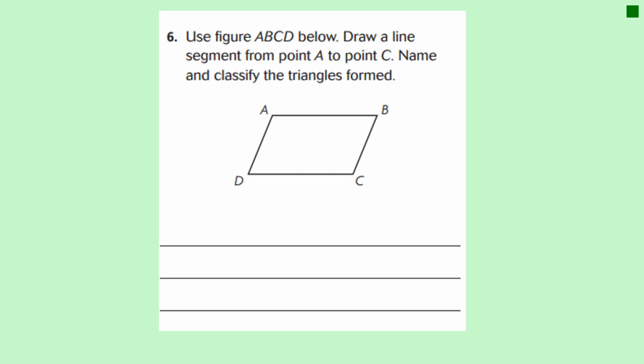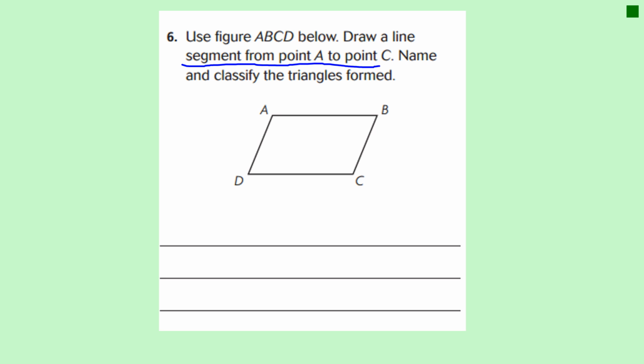All right, this is number 6, boys and girls. It says, use figure ABCD below. Draw a line segment from point A to point C. Name and classify the triangles formed. Okay, so we have to draw right on this figure.